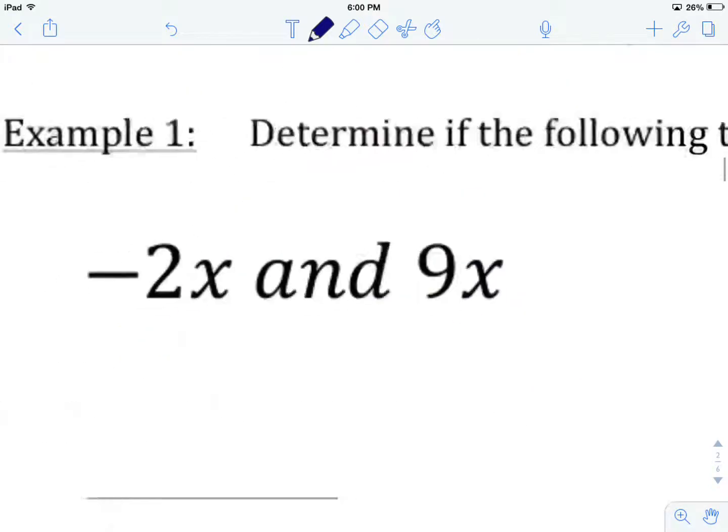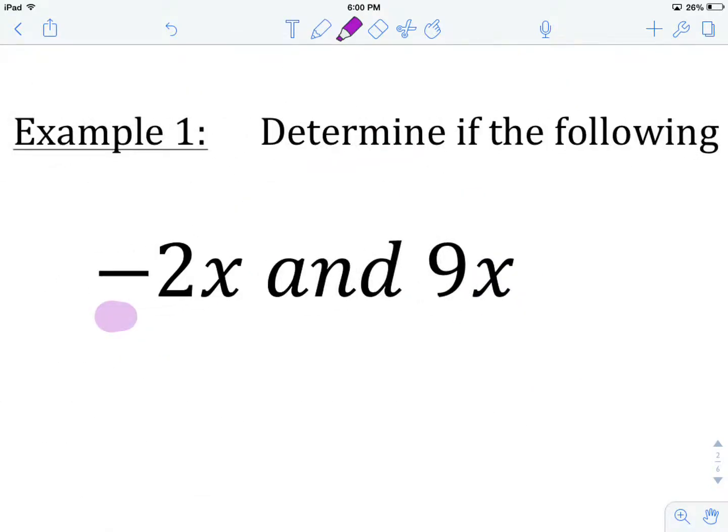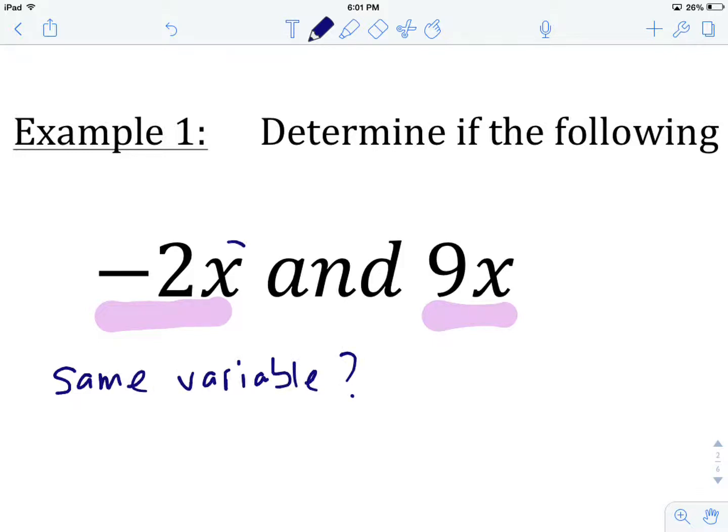Here we have two different terms. We've got minus 2x and 9x. So our first question, same variable. And it looks like they do have the same variable. We have the variable x in our first term, followed by the variable x in our second term. So we're looking good so far.